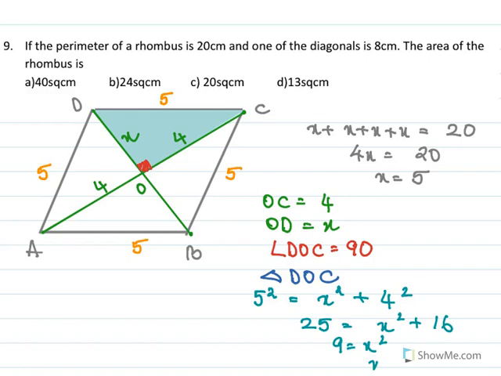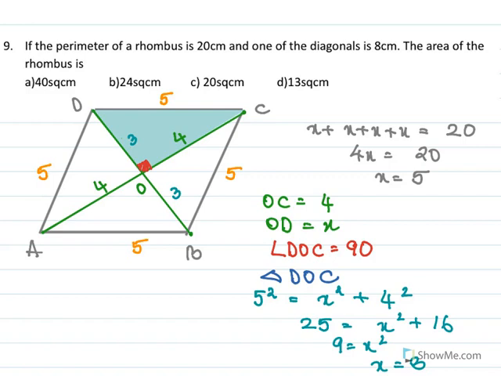We have 9 equal to x square, so x equal to 9. So out here we'll cancel this and now this is 9. Now x square equal to 9, so x equal to 3. This is wrong. If x square equal to 9, x equal to 3, which means this is now 3. This is 3 and this is 3.